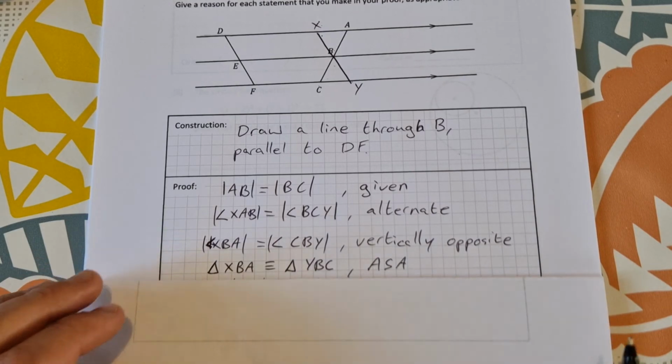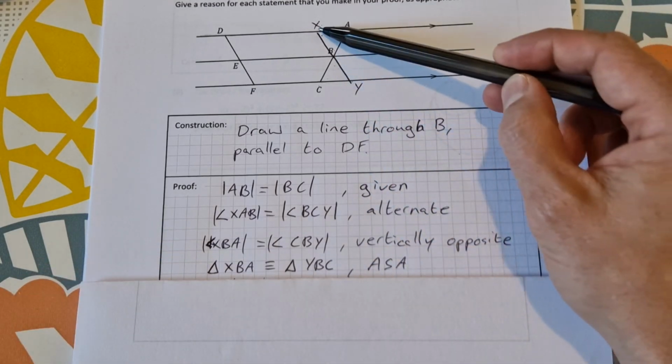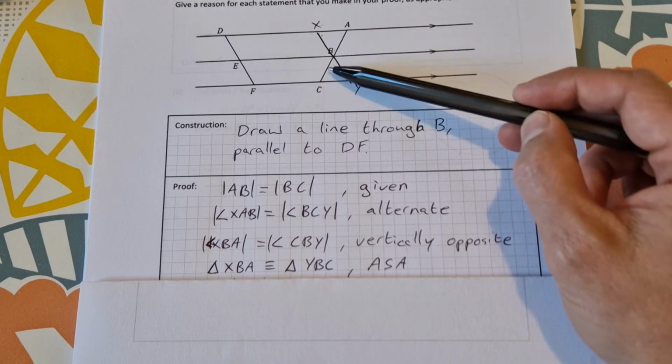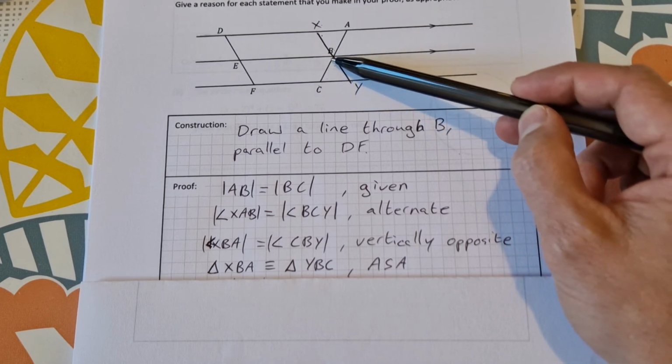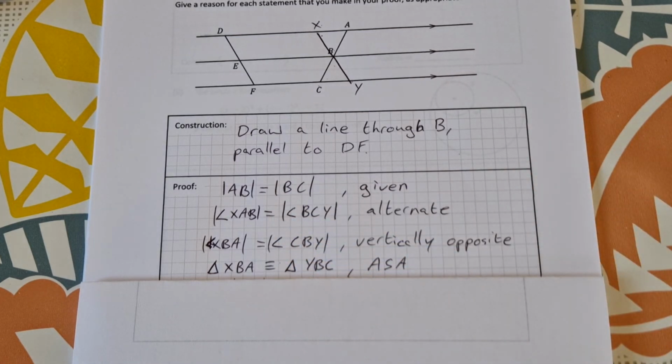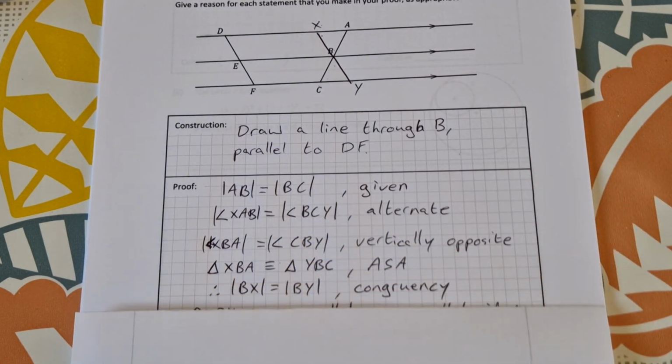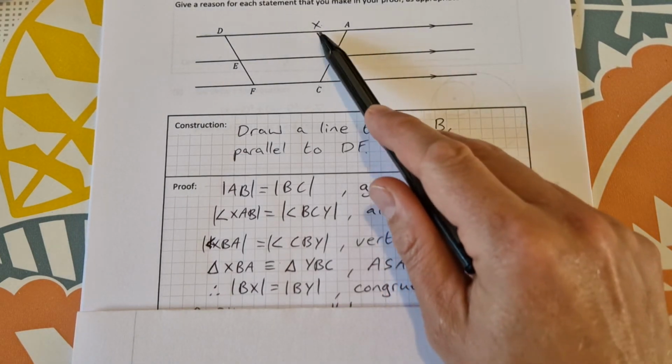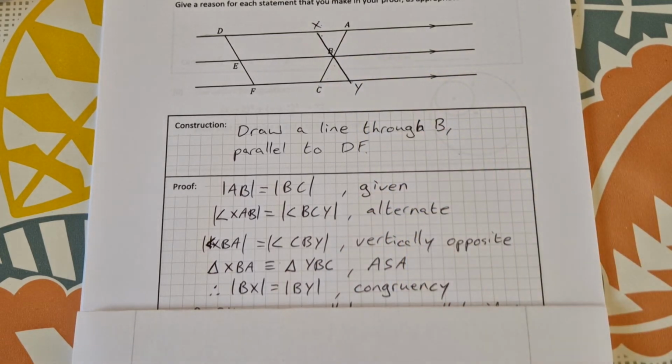And that means we have congruent triangles here. Triangle XBA is congruent with triangle YBC, and that's the symbol for congruency there, the triple equals. So therefore the length BX is equal to the length BY from congruency.